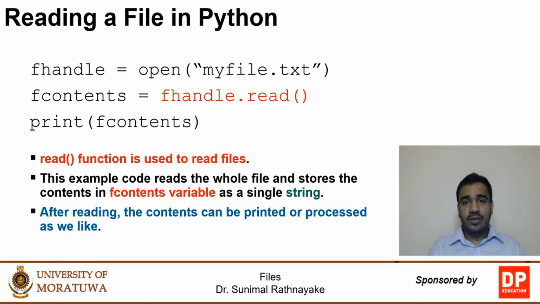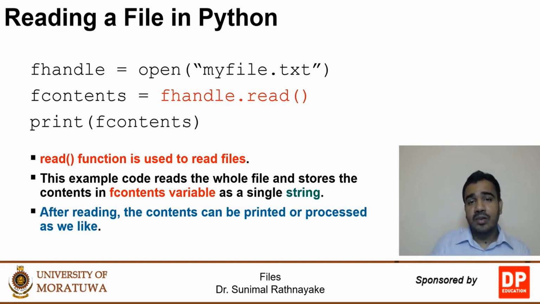When calling the read function, we have to tell Python from which file we want to read. This is done by calling the read function for a specific file handle. In this example, our Python file handle is fhandle, and we can call fhandle.read to read the file associated with the fhandle file handle.